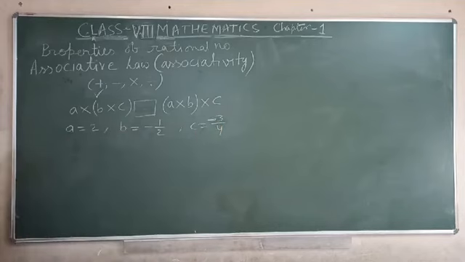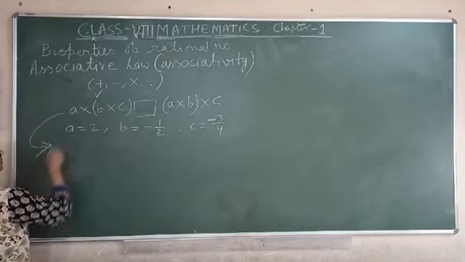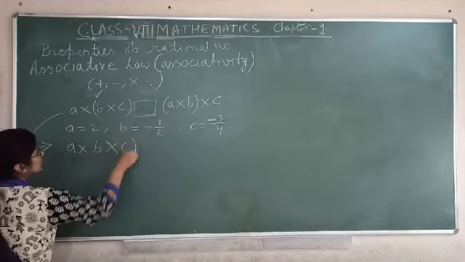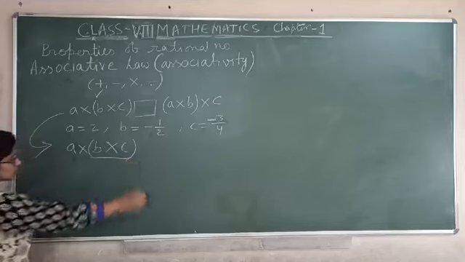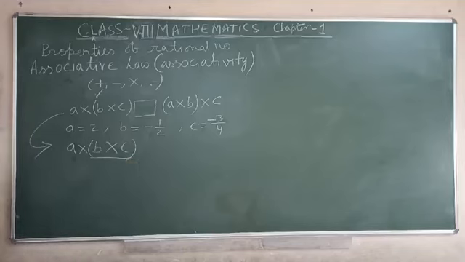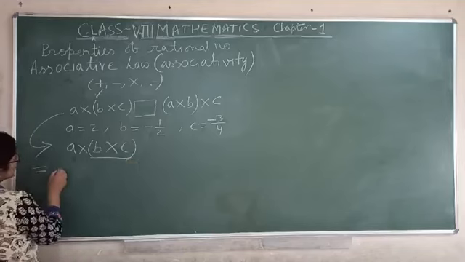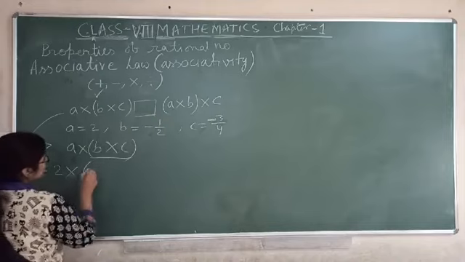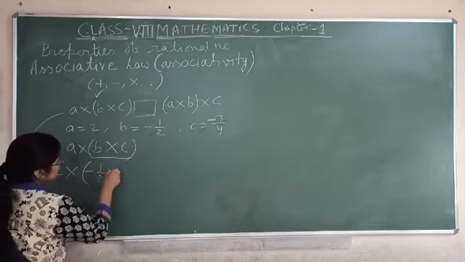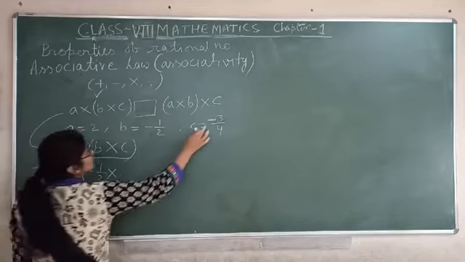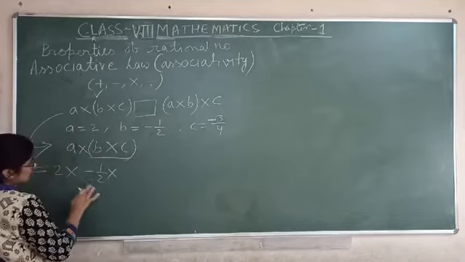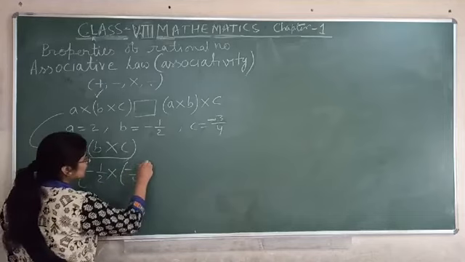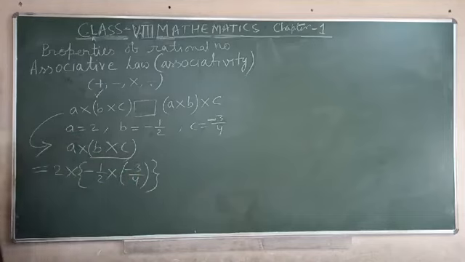So look, first I am checking A into B into C, with B into C together within bracket. So A is 2 into within bracket minus 1 upon 2 into minus 3 by 4.